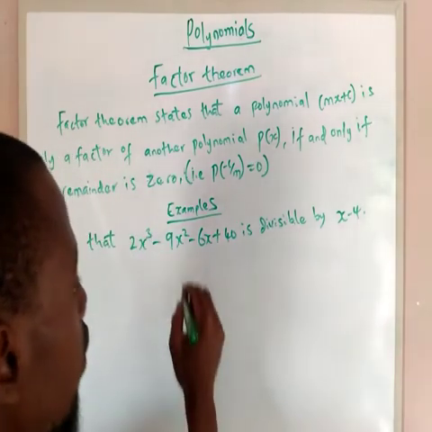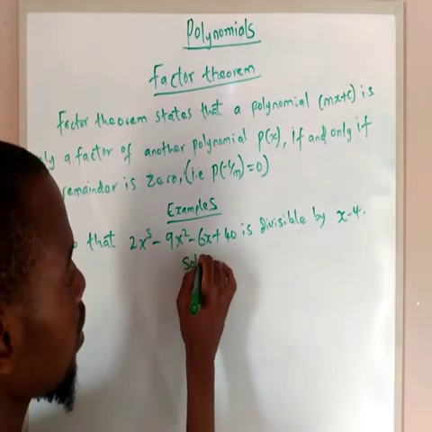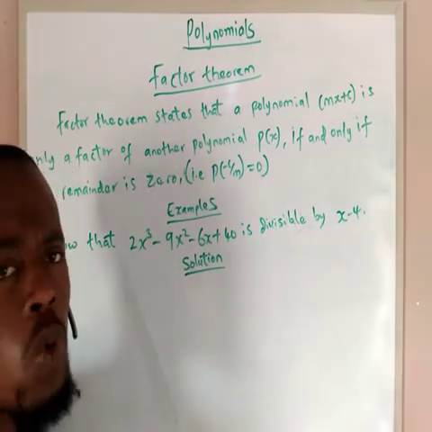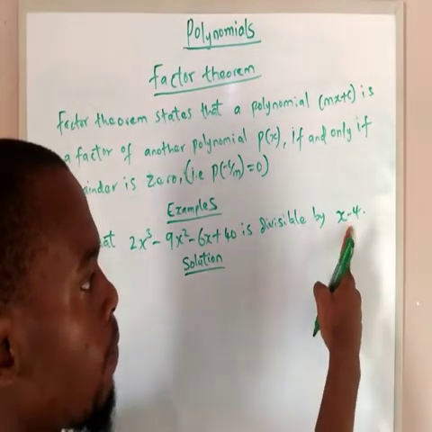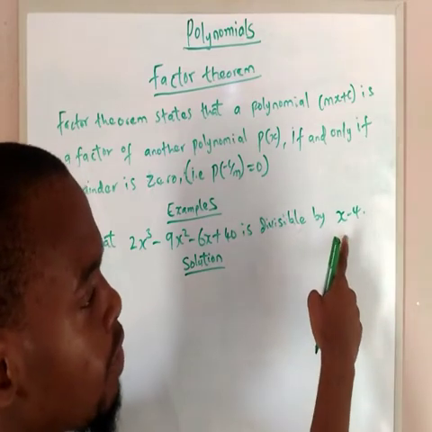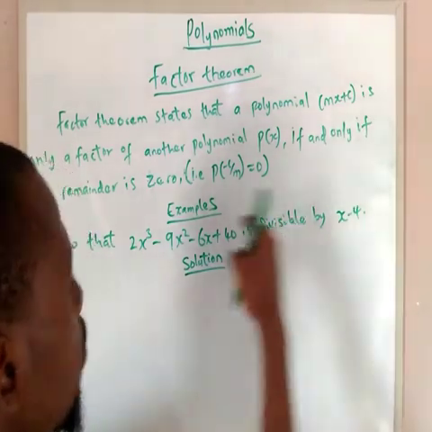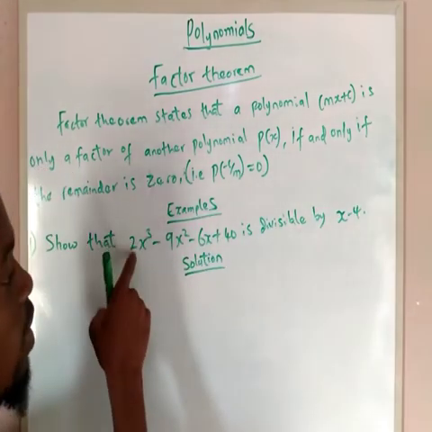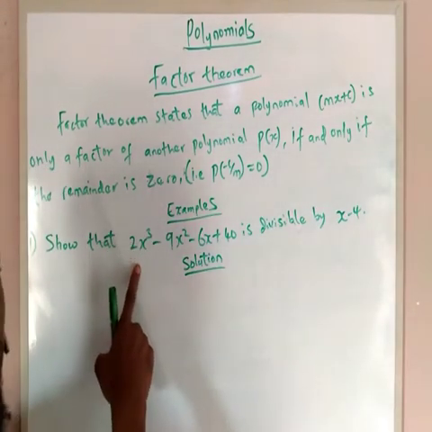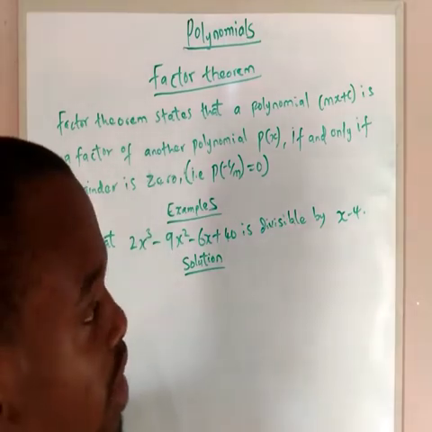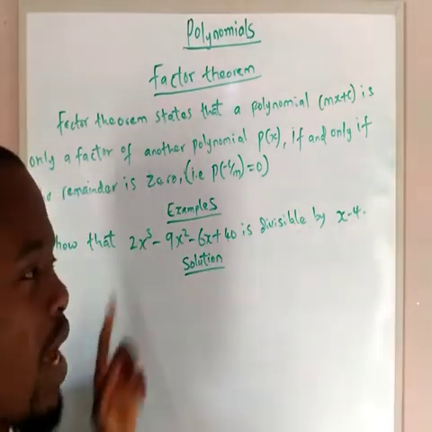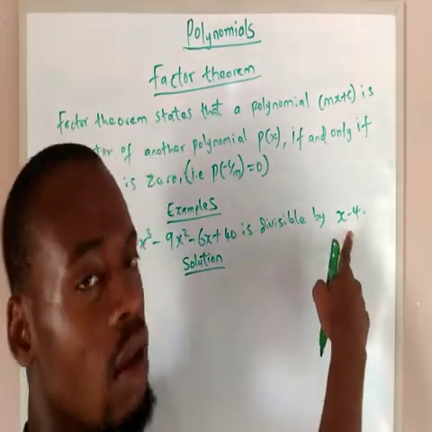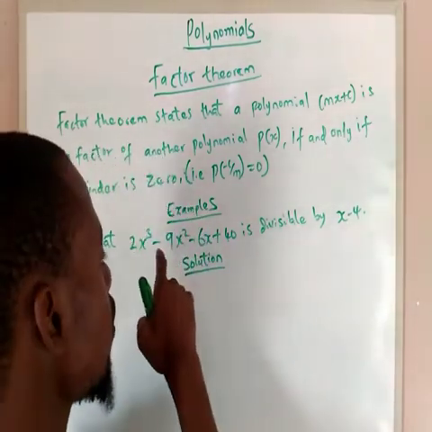Now, what we are going to do here is equate the divisor to 0, make x the subject of the formula, then the answer that we get, we are going to input it into this polynomial. If our answer is equal to 0, that means this is a factor of this, and if our answer is not equal to 0, that means this is not a factor of this.